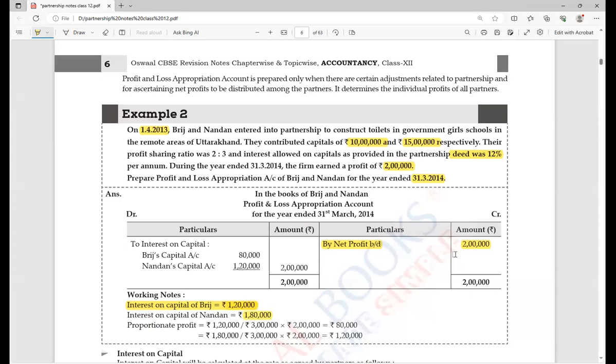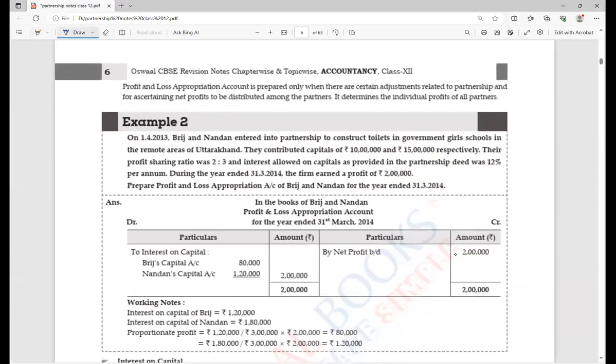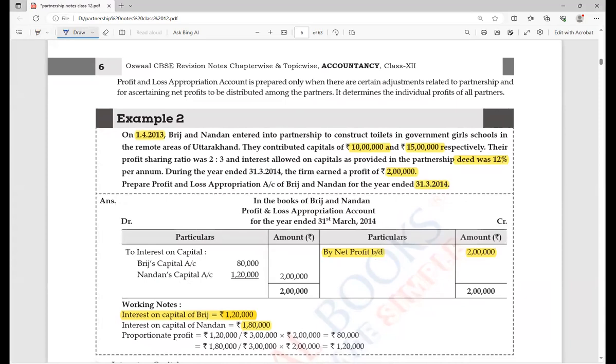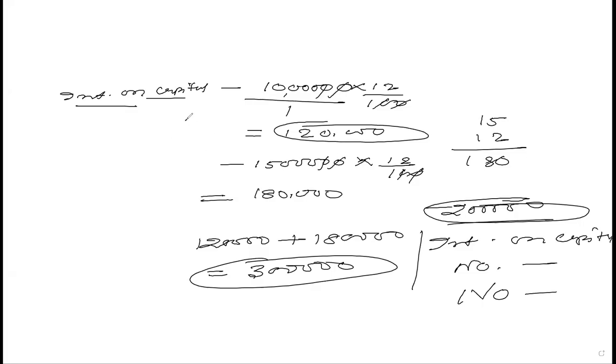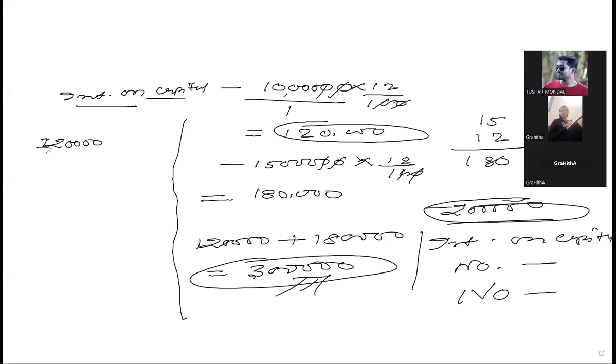So now how should the total appropriation be done? How much total interest on capital is coming? That is 3 lakh. Out of 3 lakh, Bridge's is 1 lakh 20,000. I am writing like that.